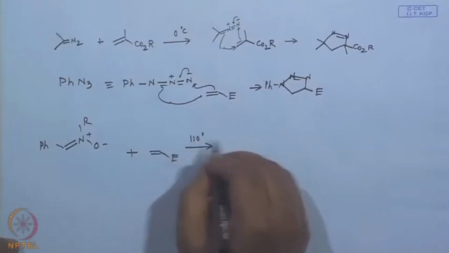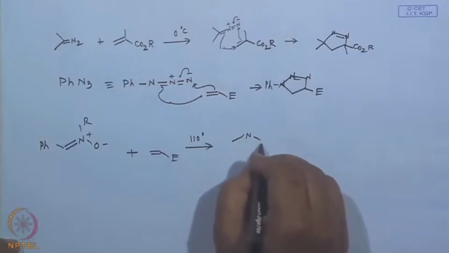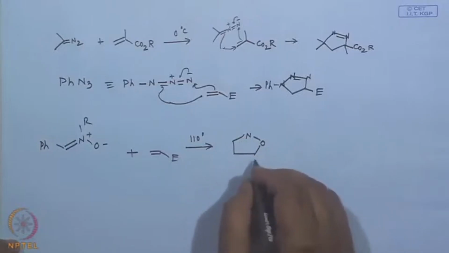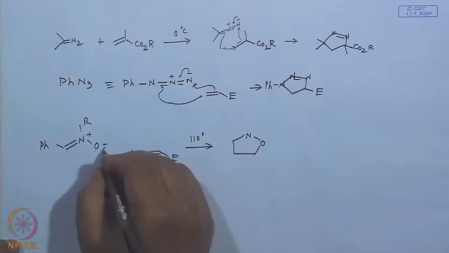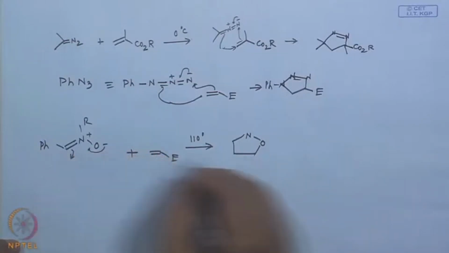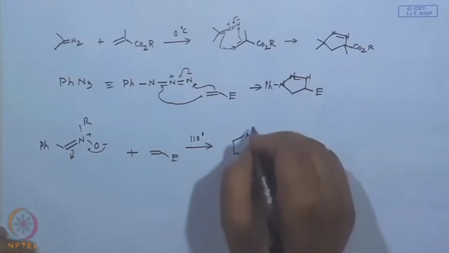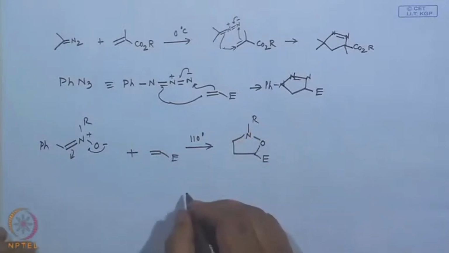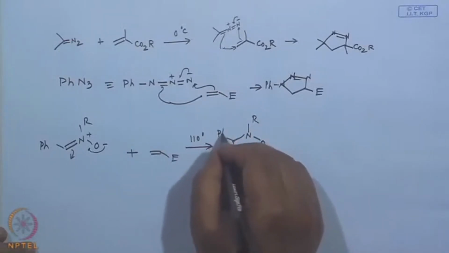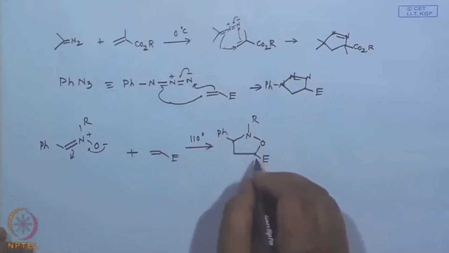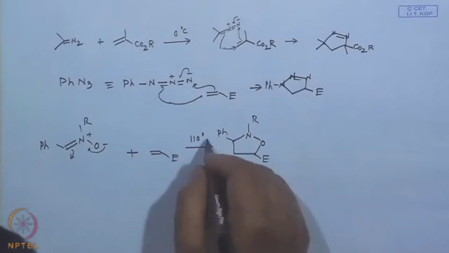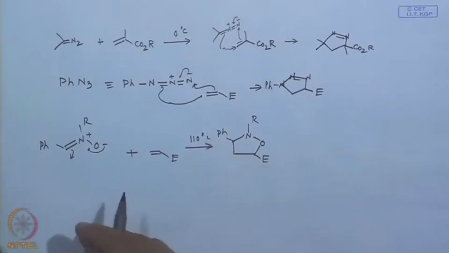In this particular example, just heat is required. So, what you will get? You will get isoxazole. Once again, the polarization and attack takes place through the carbon here, and so E, but normally this is R, and this is phenyl, and then of course you will have this isomeric problem. The isomers are often obtained.